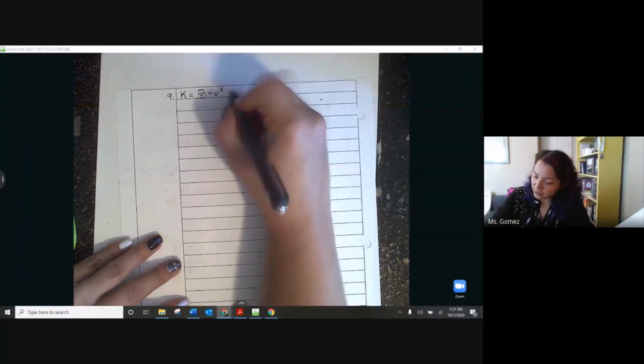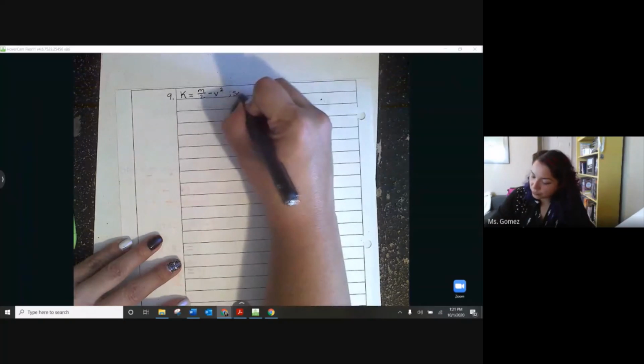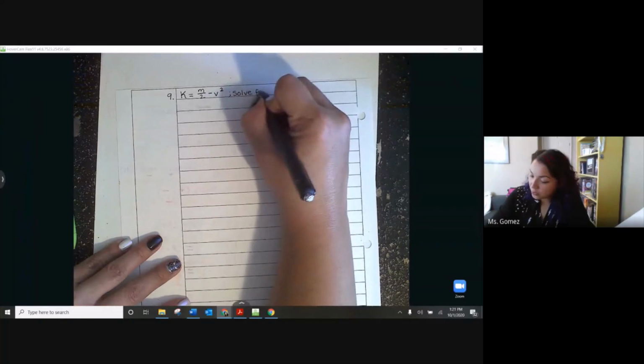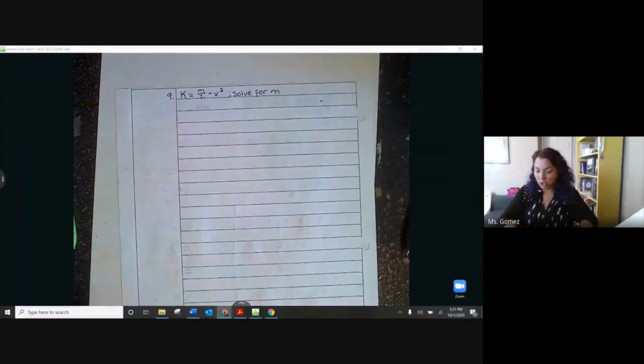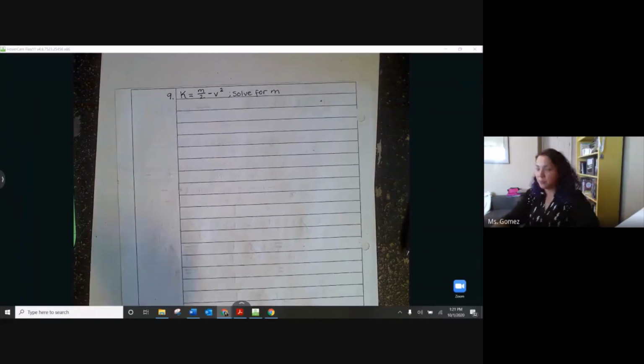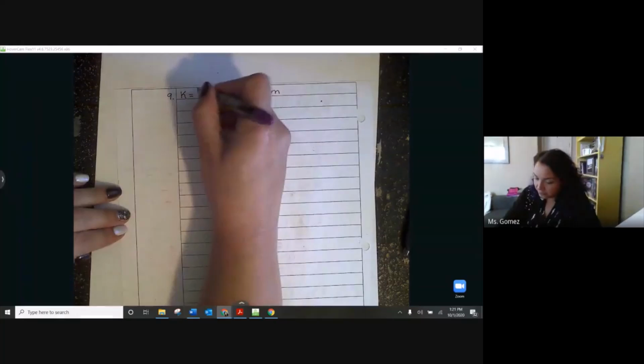And it wants us to solve for M. So just like last time, I'm going to get my fusion marker and highlight the variable that we're solving for. Holy function, there's a lot of stuff going on here.